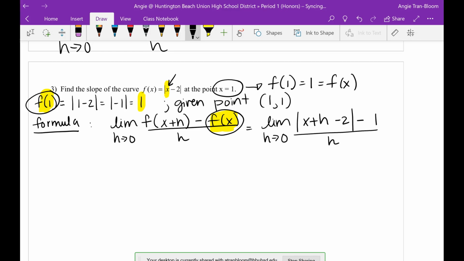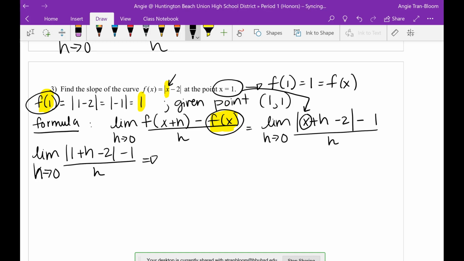All over h. Well, x is 1 in this problem, so now that gets a 1. I'm writing everything down so that you're not confused. X is 1, so now I have 1 plus h minus 2. Stay in the absolute value still. We'll work that out slowly. Don't worry, I just have to write everything out first.